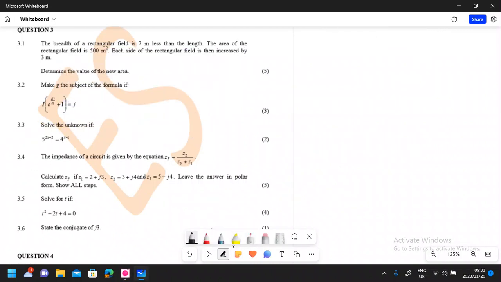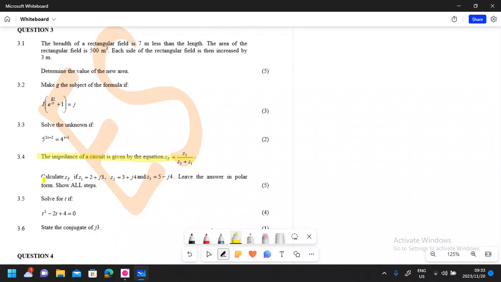All right, guys, now let's do 3.4. Now let me highlight it here. 3.4 is this one here that you see. Now what is it that they want here? They give you the impedance of the circuit is given by this equation here. ZT is equal to Z2 over Z3 plus Z1.